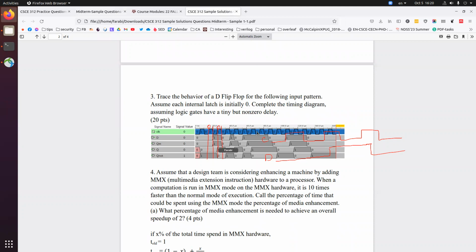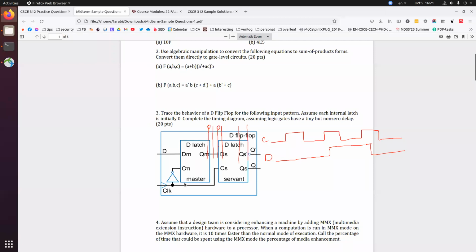Similarly, at the falling edge, like here or here, we'll see an update on QM. Why? Because the clock in this latch is inverted, so this latch will get updated only at the falling edge. Is that clear?